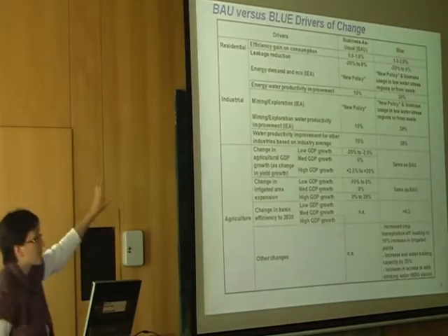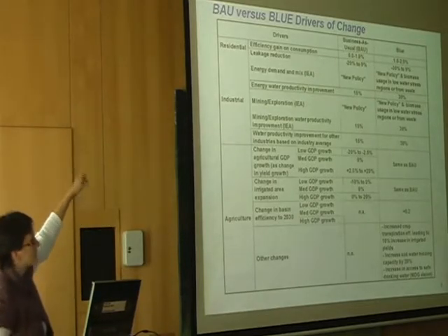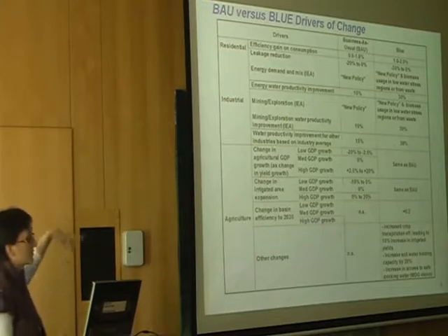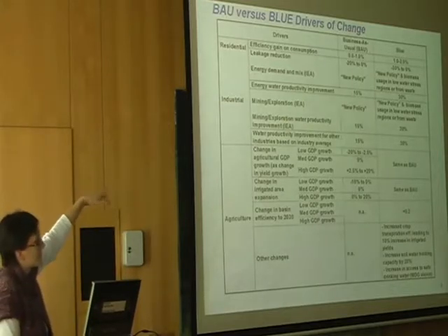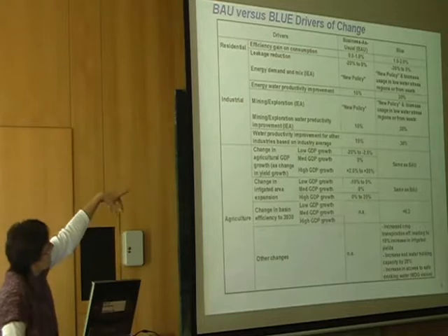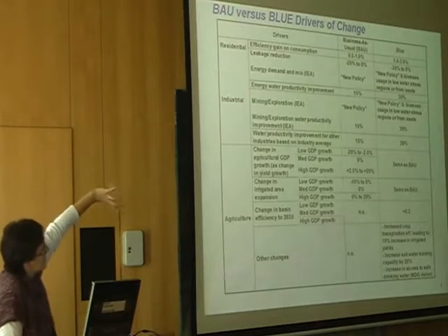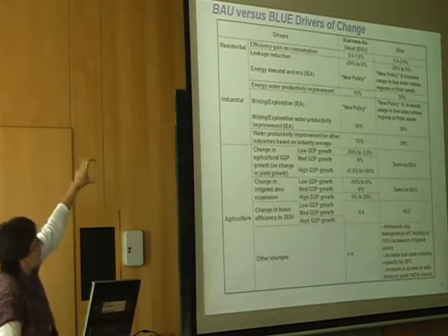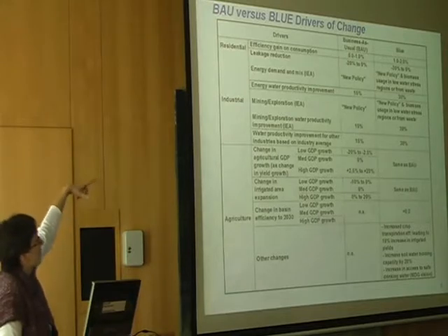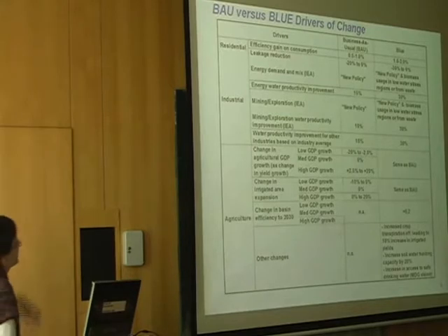Okay. This just shows a bit more detail, if anyone is interested, on what we actually changed in the parameters in the model. For example, business as usual. For residential, we have efficiency gain on consumption, some change in leakage reduction, the energy demand mix, etc. This is the contribution from McKinsey. They told us they have looked at all these parameters, and they do a lot of these studies for the domestic and industry sectors.